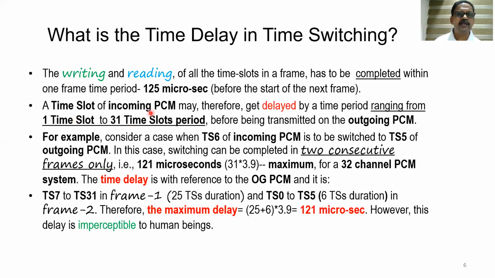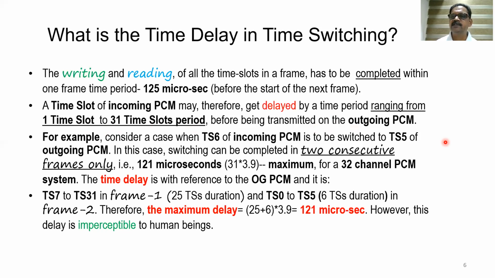A time slot of incoming PCM may therefore get delayed by a time period ranging from 1 time slot to 31 time slots before being transmitted on the outgoing PCM. So the delay may range from 1 time slot duration to 31 time slot duration.